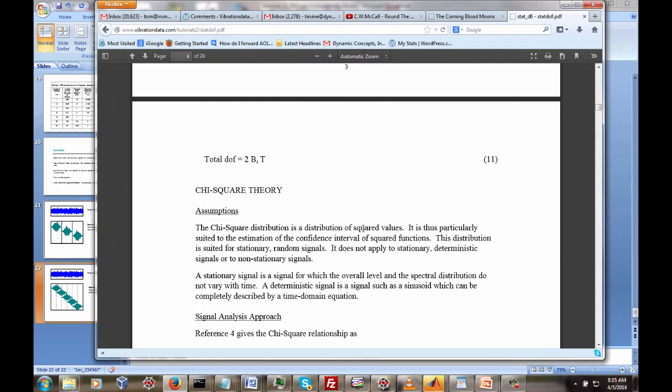So when we're dealing with G-squared per hertz values, those lend themselves very nicely to a chi-square distribution, which is a distribution of squared values. It's well suited for stationary random signals, but if we have non-stationary signals or deterministic signals like sine functions, then it would not apply very well, if at all.